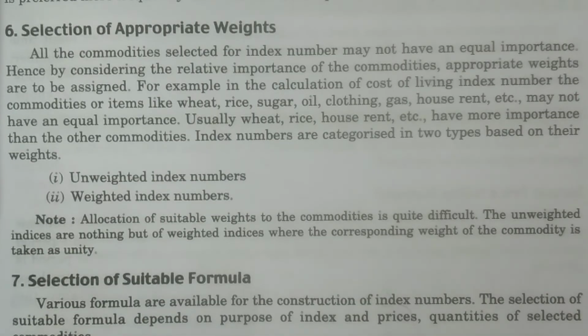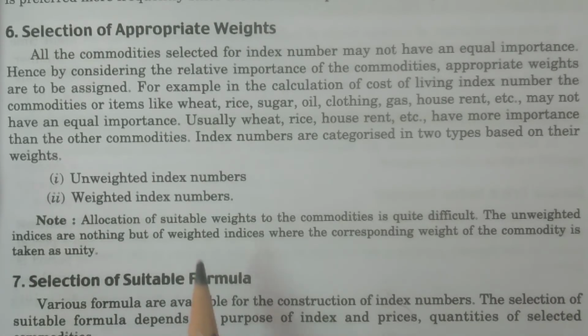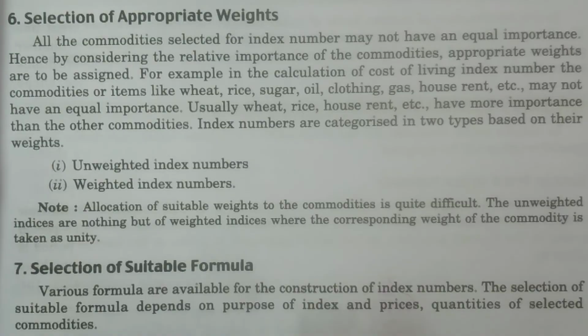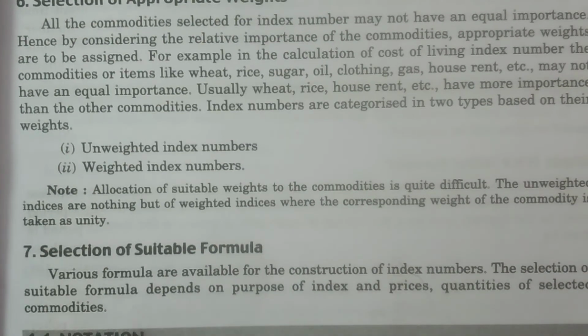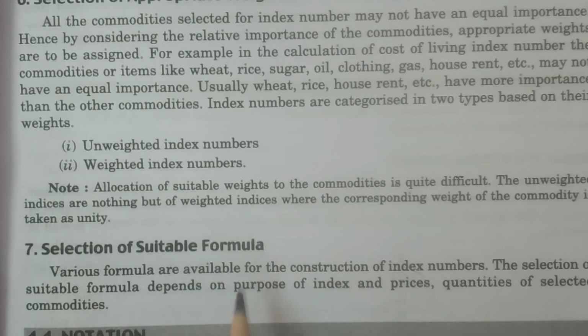So appropriate weightage is going to be given to those commodities which are of higher importance. That is the reason why we have two kinds of index numbers, unweighted and weighted index numbers.